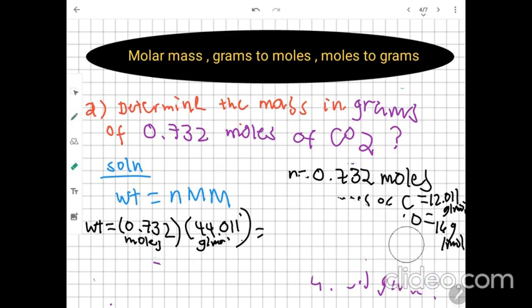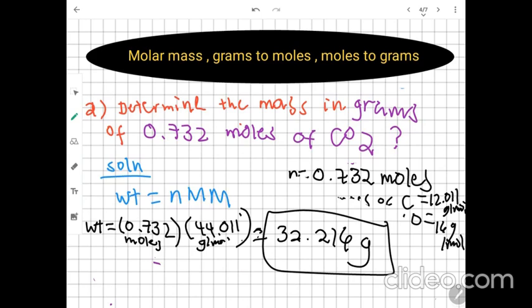So here we have 0.732 times 44.011. Our answer is 32.216 and the unit here is grams. Okay, so this is your final answer.